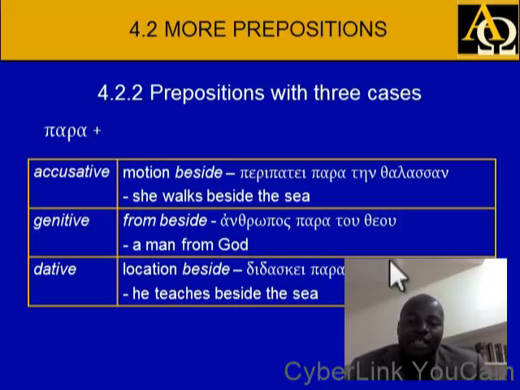So para plus accusative is beside. So peripatei para ten thalassan, she walks beside the sea. And then para plus genitive is from, beside. So anthropos para theou, a man from God. And dative, location, beside. Didaskei para, he teaches beside the sea.